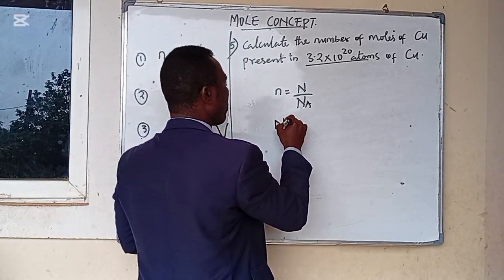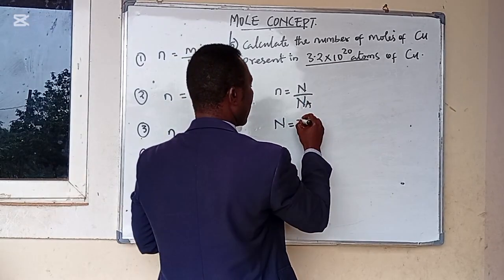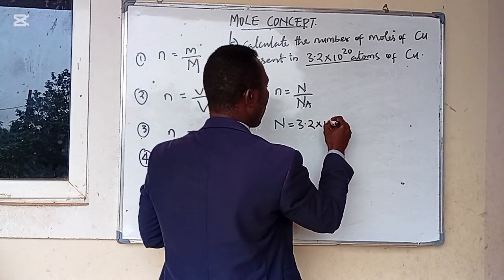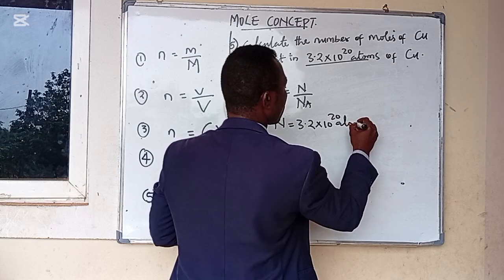The number of particles given to us is 3.2 × 10^20 atoms.